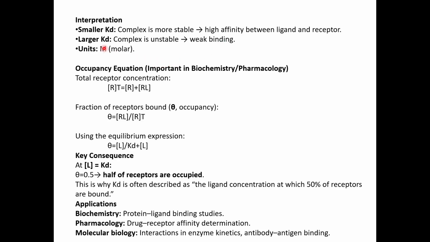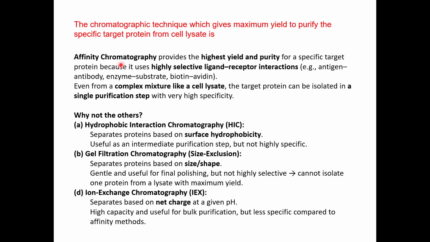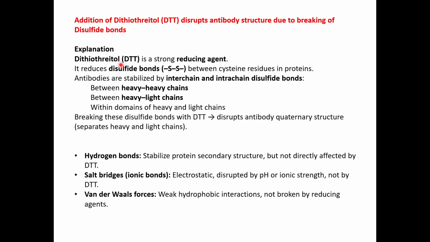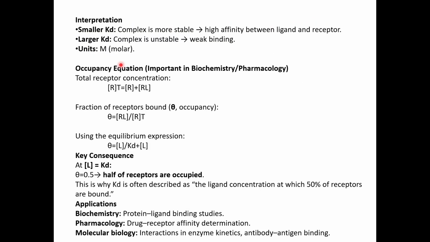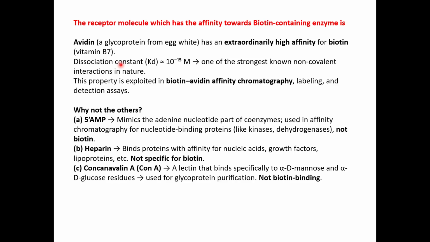So the unit in which it is expressed is molar, M. So it is a numerical value in molar. That is why, in the previous case, with biotin, you see your dissociation constant was 10 power minus 15.